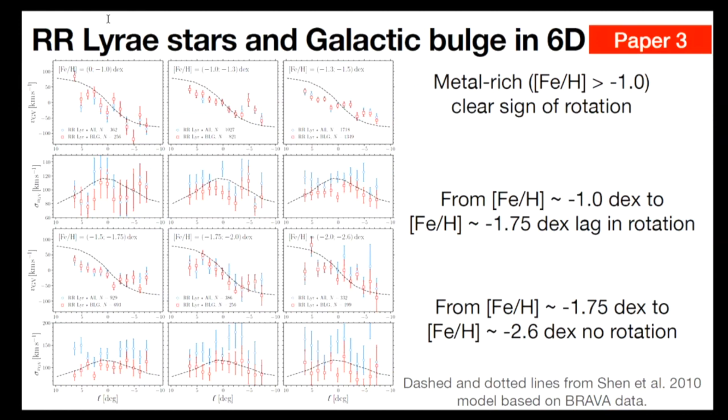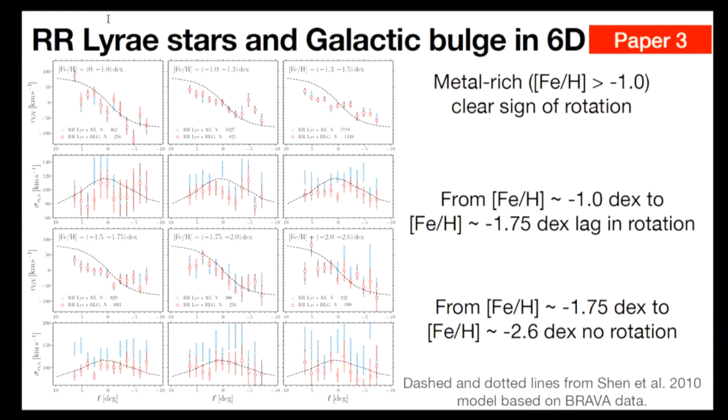Once we go to the intermediate metallicity regime, between -1 and -1.75, that's where we see a lag behind the rotation. And once we go to the more metal-poor part, that's where we don't see the rotation. It's nearly flat. That's where the rotation disappears, and we see a large effect of the interlopers: once we remove them, which are the red points, the whole dispersion falls down because we remove the highest velocity stars, which are probably from the halo.